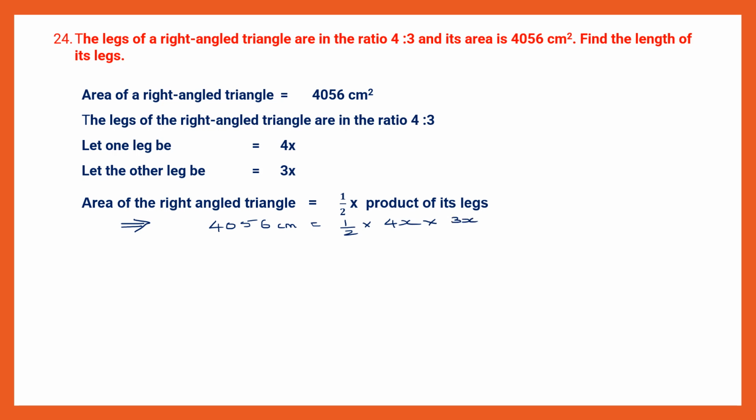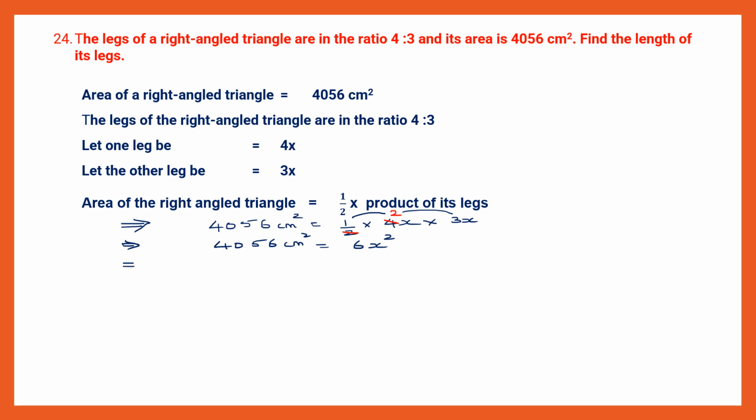So here, let's see what we can cancel. I can cancel this 2 and 4, so that is 2x there. Okay, so now what do we have here? So here we have 4056 centimeters square is equal to 1 into 2, that is 2. 2 threes are 6, which is 6x square. So 6x square is so much.